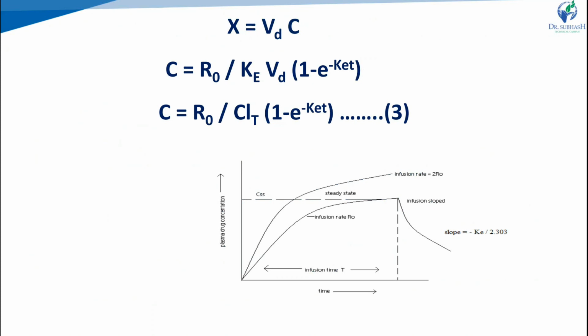As time passes, the amount of drug in the body rises gradually, so the elimination rate is less than the rate of infusion, until some point after which the rate of elimination equals the rate of infusion. That constant point is called the steady state concentration, plateau, or infusion equilibrium.